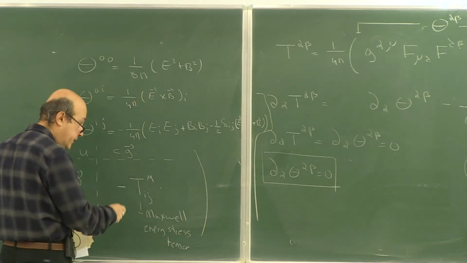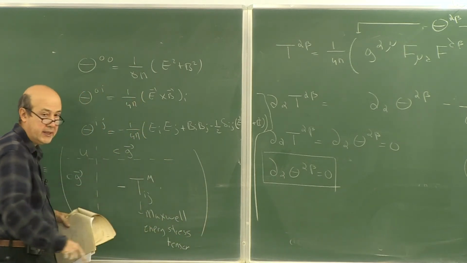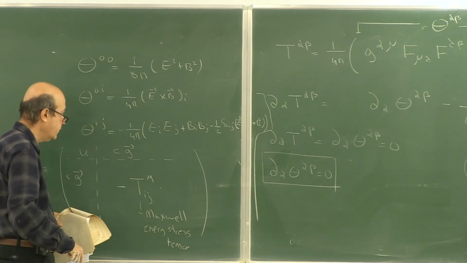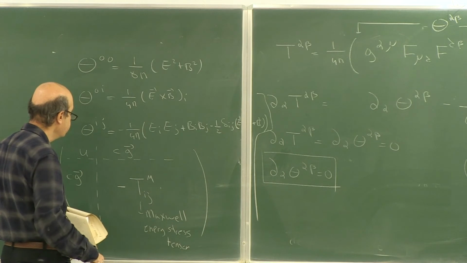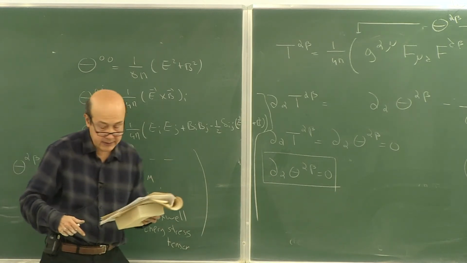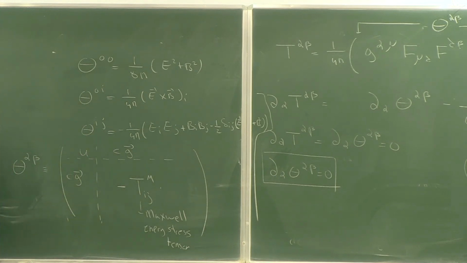So it's symmetric. Trace is 0, satisfying the zero mass condition of the photon, and gauge invariant. And this satisfies some conservation rules.